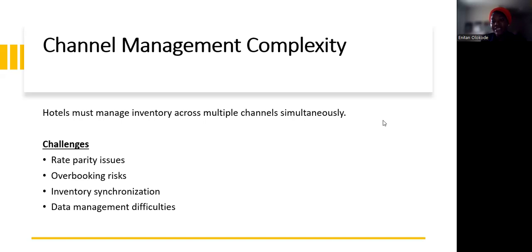And if this occurs, what tends to happen? Guest dissatisfaction, revenue losses, bad brand reputation. So as hotel managers, as revenue managers, we need to invest in channel management software so that it automates our inventory, updates it, and maintains it consistently across all distribution networks.